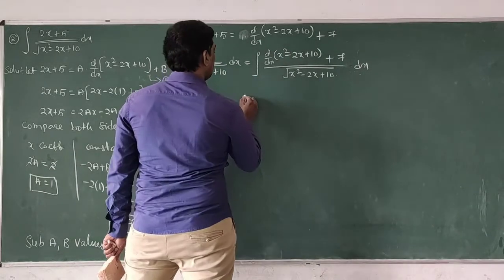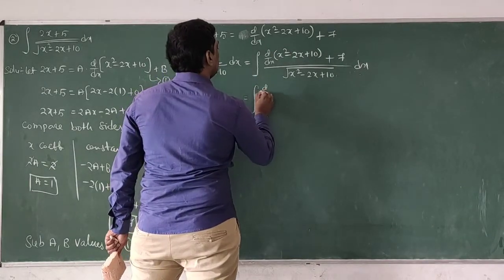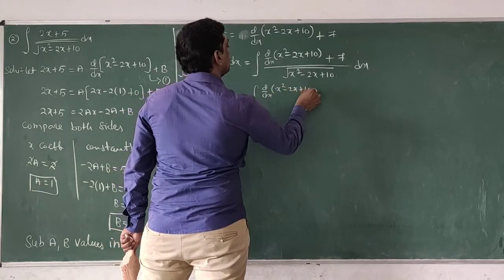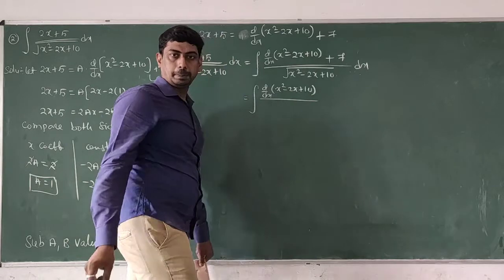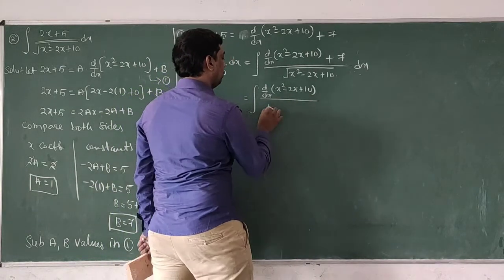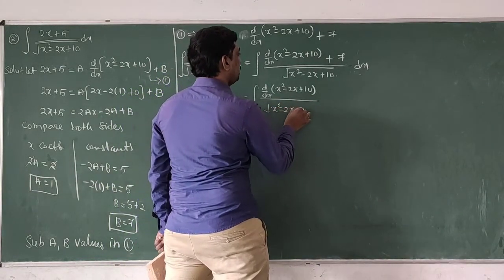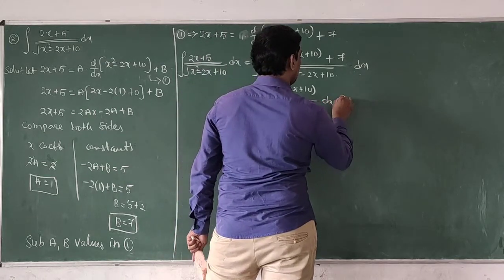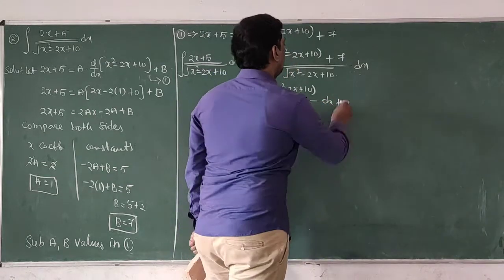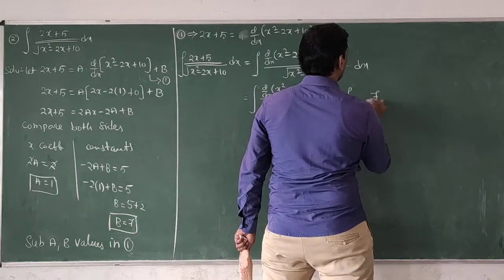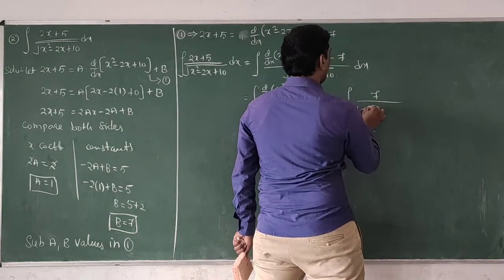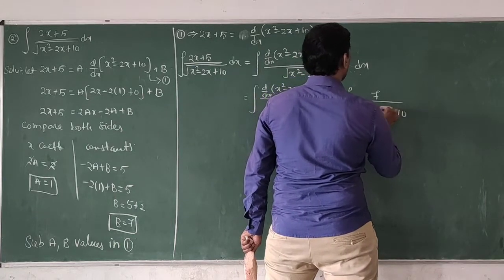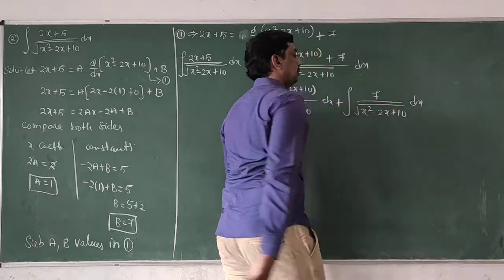So integration of the derivative of x square minus 2x plus 10 by the denominator square root of x square minus 2x plus 10 dx, plus integration of 7 by square root of x square minus 2x plus 10 dx.